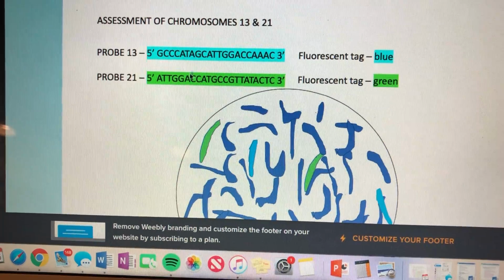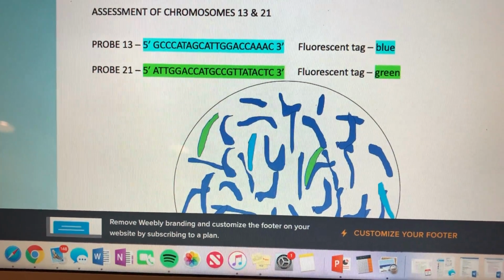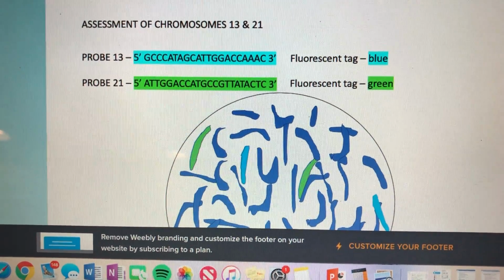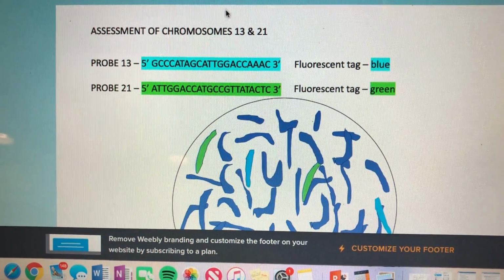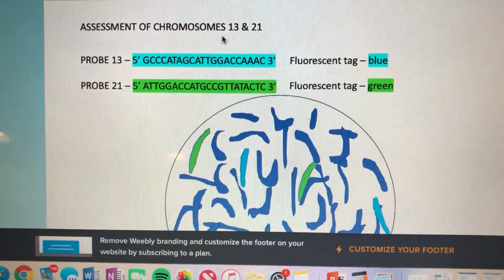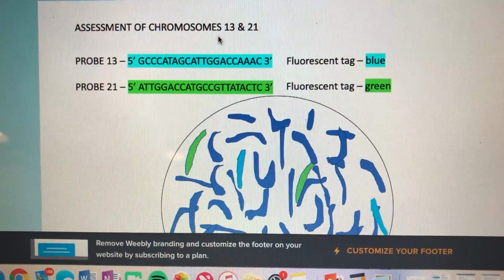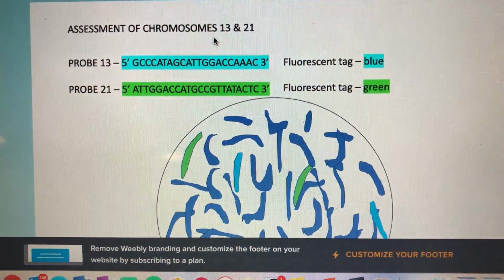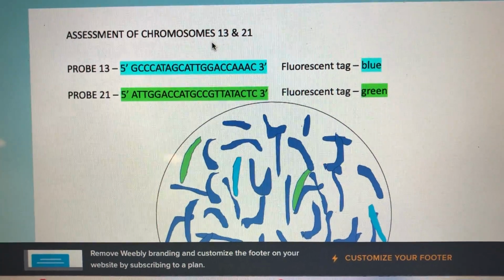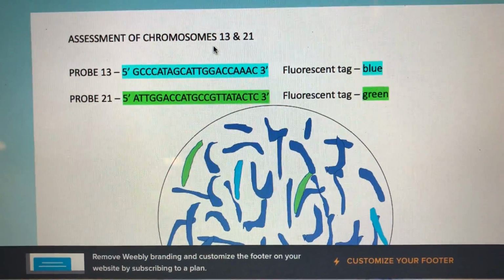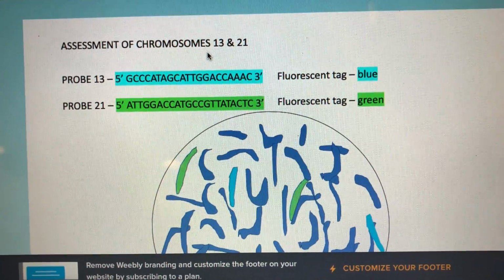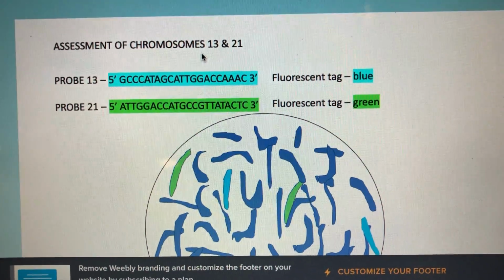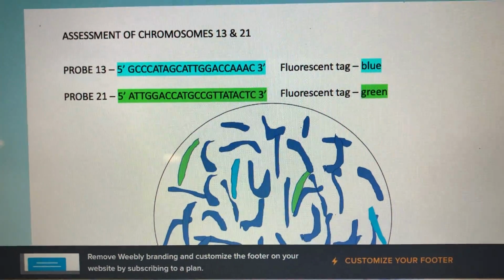as seen right here. We see the sequence of the probe 13. This means that this is a sequence that is complementary to chromosome 13. Assessing the probe in testing means that it should attach to a sequence within chromosome 13. And then when we visualize the results, anything that's highlighted in blue is going to be representative of the presence of chromosome 13.